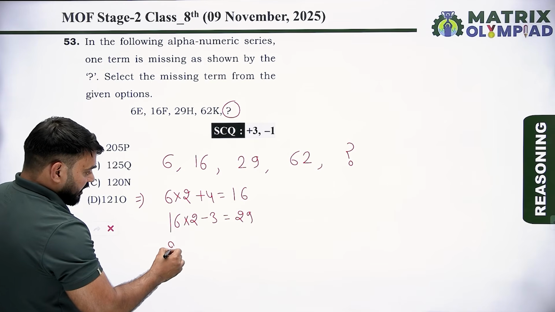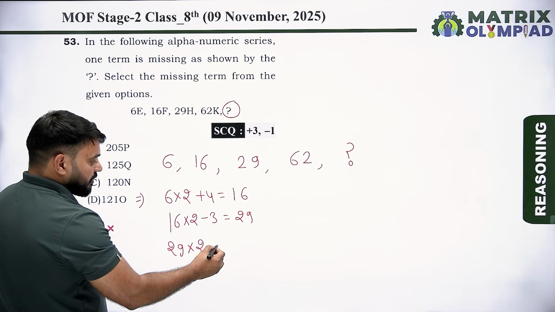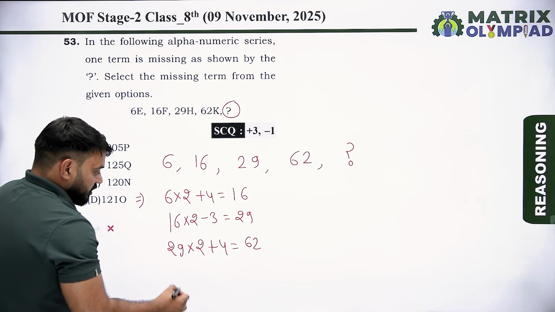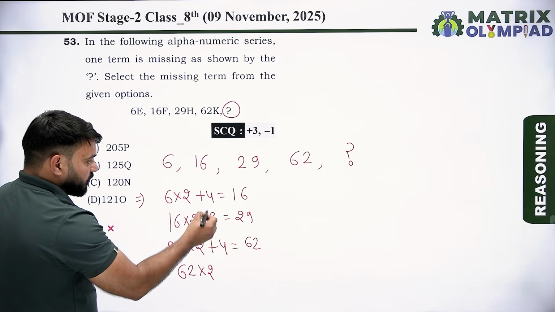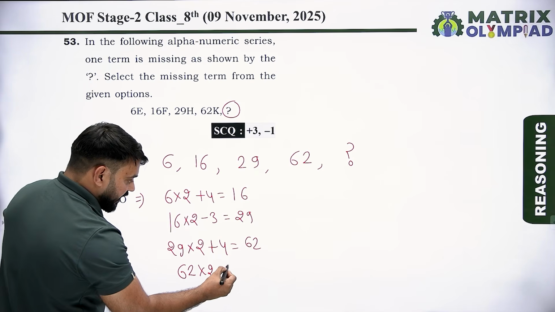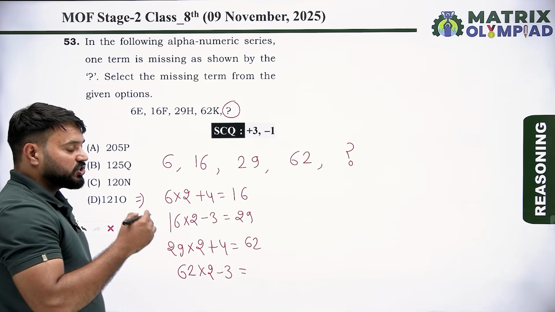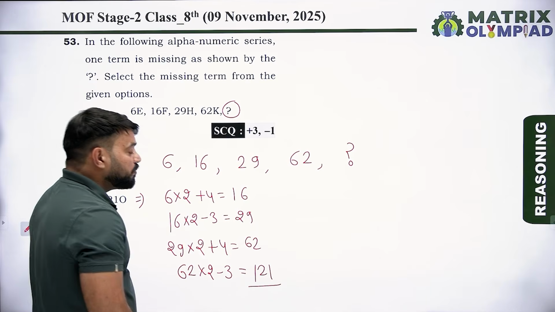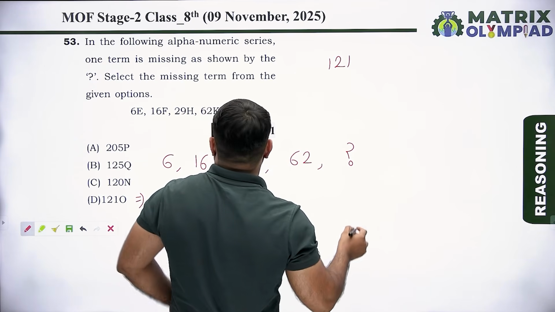Similarly, 29 multiplied by 2 is 58, plus 4 is 62. So 62 multiplied by 2, plus 4, minus 3, plus 4, now minus 3. 62 multiplied by 2 is 124, minus 3 is 121. So the missing number is 121.